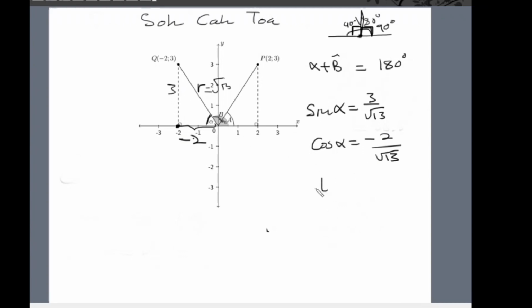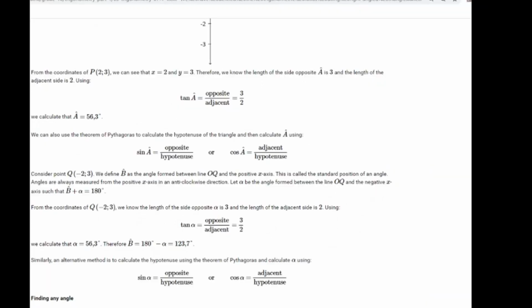Tan alpha is the opposite side divided by the adjacent side. Notice with the second quadrant, when we are defining these trigonometric ratios, only sine is positive, the other ones are negative. Now let us go back to our notes.